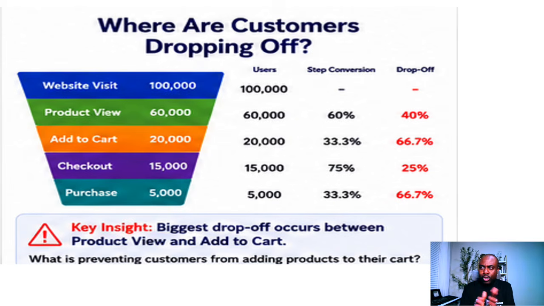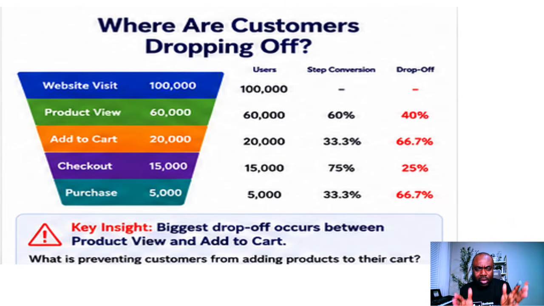Okay, so you can see all the users who visited, and then you can see the step conversion. You can see that the biggest drop happened between product view and add to cart, and that's 66.7%.